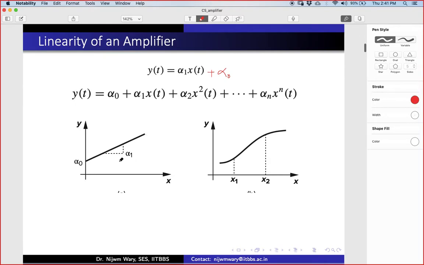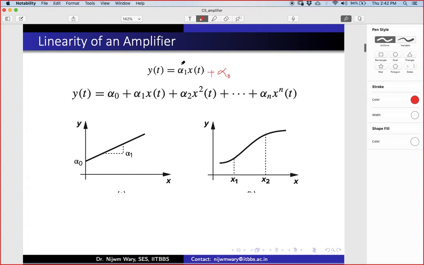But in actual implementation, when we are designing the amplifier with the transistor, it will not have that kind of curve. We may have this kind of curve. It may be smooth only in this area, and it may not be perfectly linear either. There may be some non-linearity component. So actually we can model this kind of non-linearity using an expression like this.